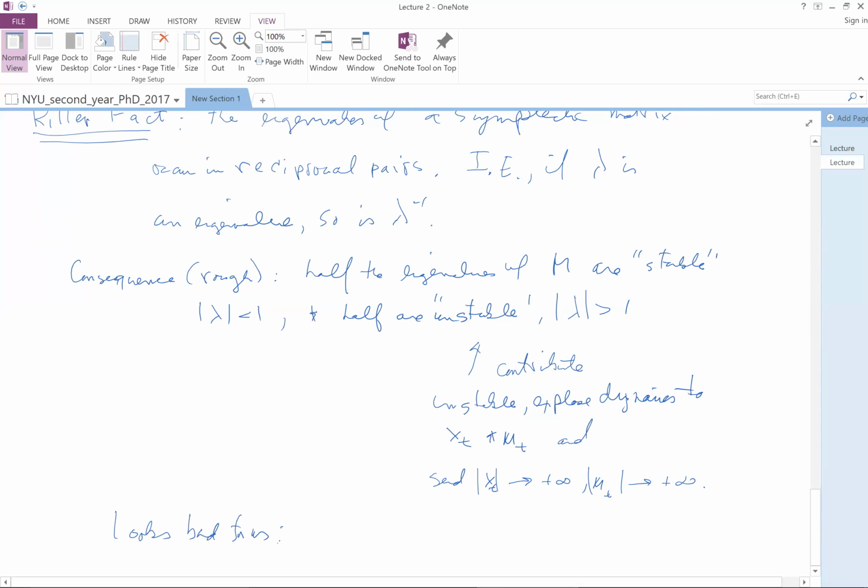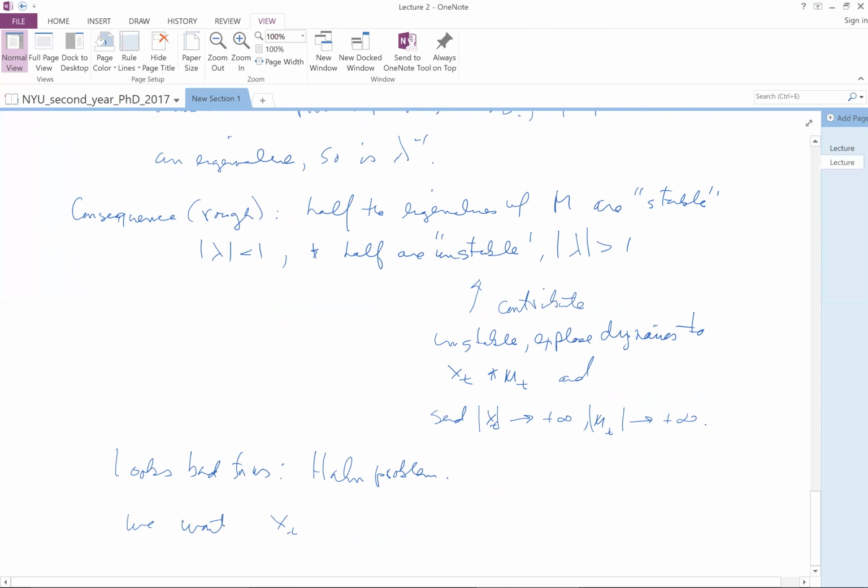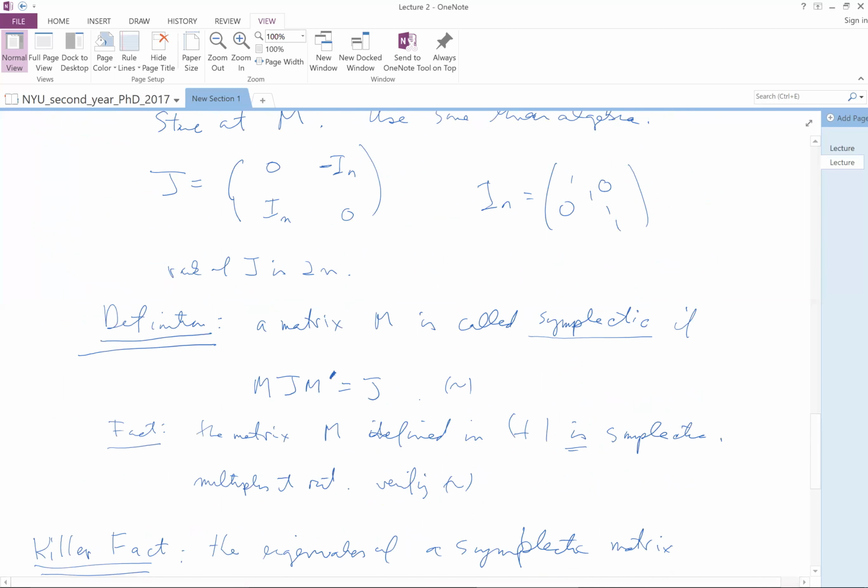And this actually had a name. It's so bad, it used to be called the Hahn problem. Frank Hahn, the great British economist, viewed this as a problem in economic dynamics. Remember, this system here is just our first order conditions.